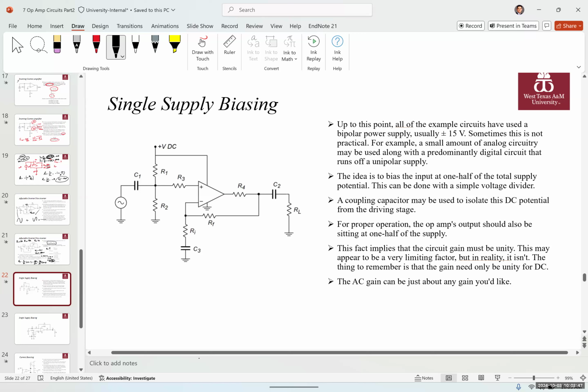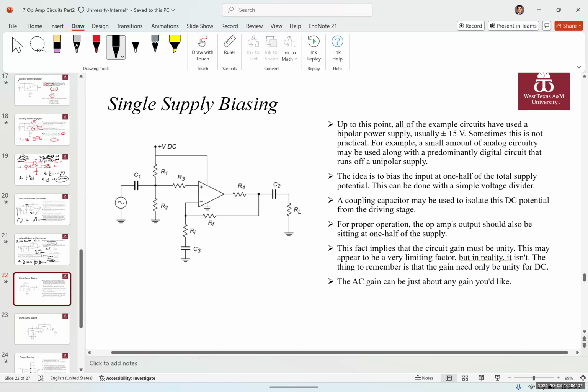We usually have just a battery. Imagine you're going to build an op amp amplifier with a single 9-volt battery. You don't have two batteries or a dual power supply. We use the single supply biasing.